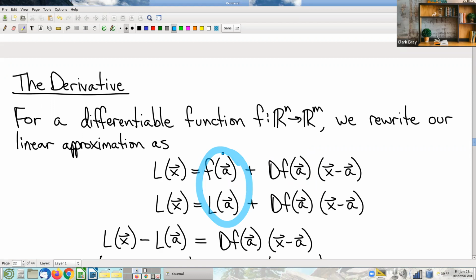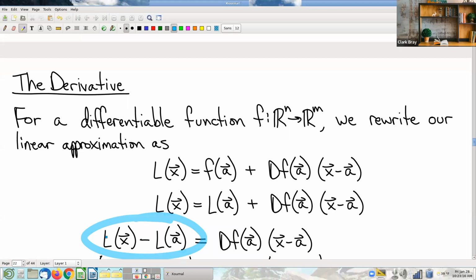One of the defining characteristics of the linear approximation is that it agrees with f in value at a. So I can think of that as f of a, or I can think of it as L of a. And then I can take this and subtract it over to the other side. What I get then is this formula where I have the change in L on the left, and the change in x on the right.